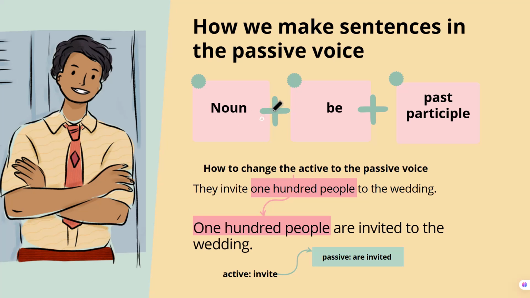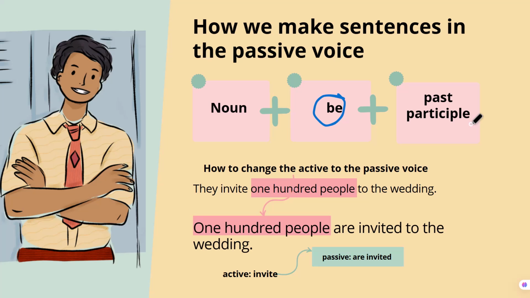And then we need the verb be, but in present tense, remember, we conjugate it according to the subject: I am, you are, he, she, it is, we, they are. And then, that's the reason why you are saying a verb in past: we're using the past participle, right?